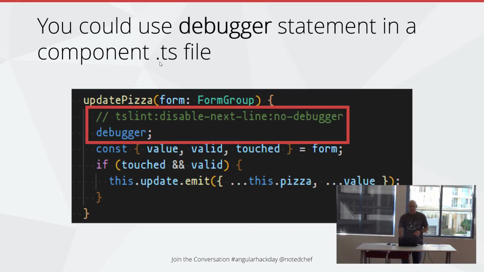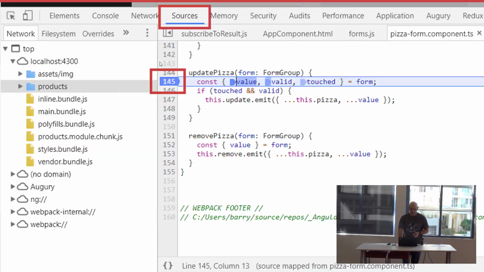So the first method that you can do to break in your code is to write debugger into your TypeScript. If you're using tslint, that will sometimes warn you against doing that, and you might have to overwrite that tslint warning. The second option is to find your source in the DevTools console itself under sources, and then you can drill down into your localhost, and you can put a breakpoint on the line you're interested in.